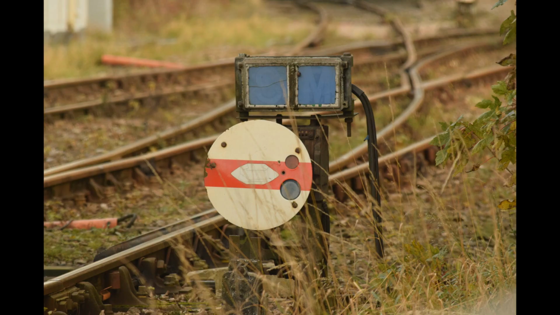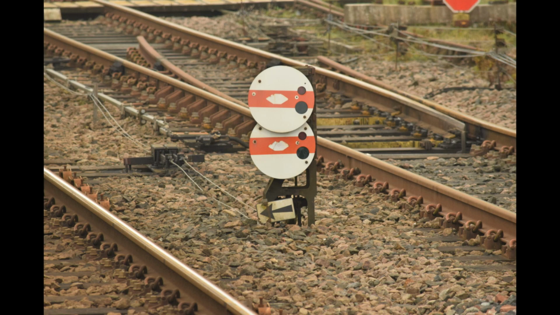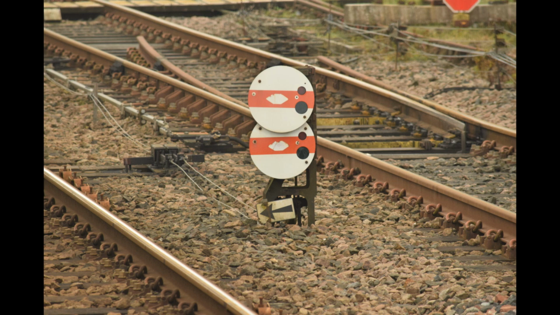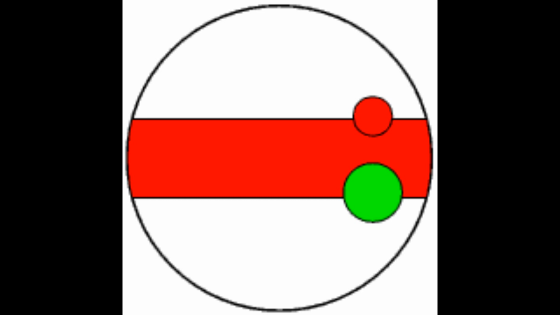Then we have ground stop discs. These are round discs that are white. You do get variations depending whereabouts in the country you are, but they pretty much all look very similar and they all mean the same. So they're white and they have a red bar painted across them. And just like the semaphore signal, when the line's horizontal, it's said to be on, so at danger, so we stop.